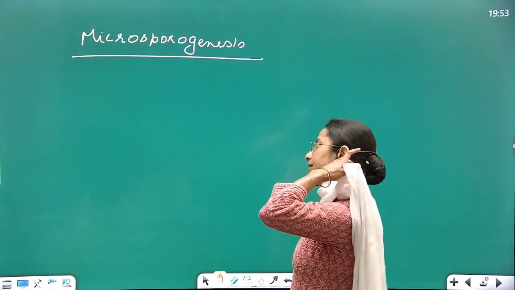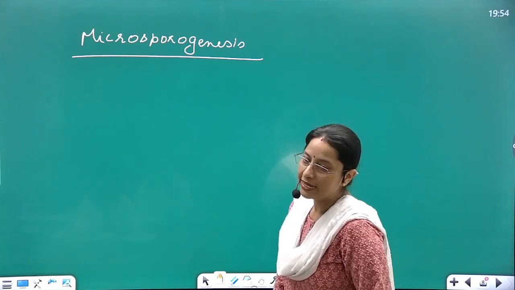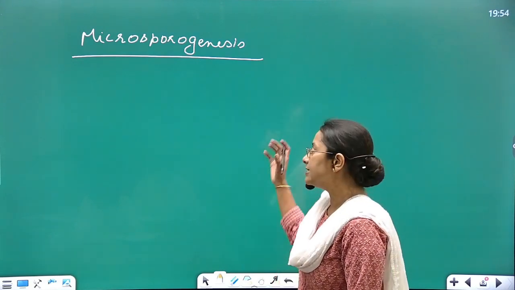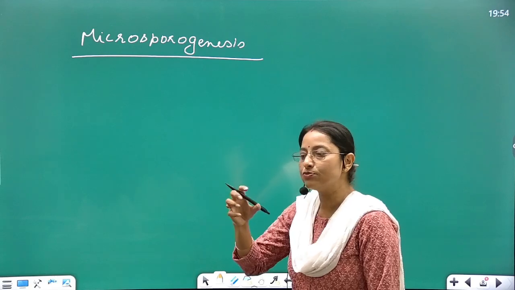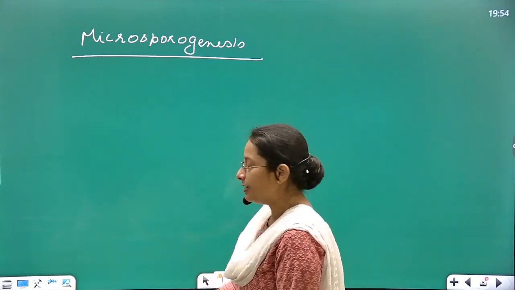Okay. So the next topic is microsporogenesis. Microsporogenesis is talking about the formation of microspores. It is a process through which the microspores are formed. Who forms the microspores? The sporogenous tissues, right?